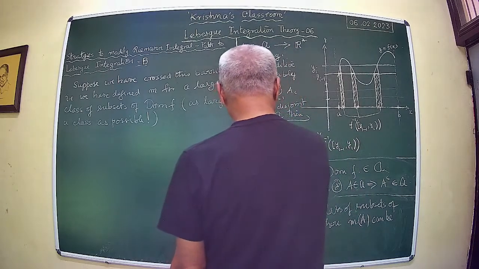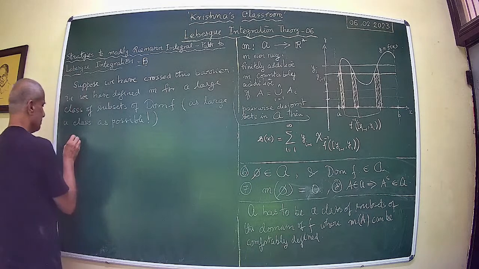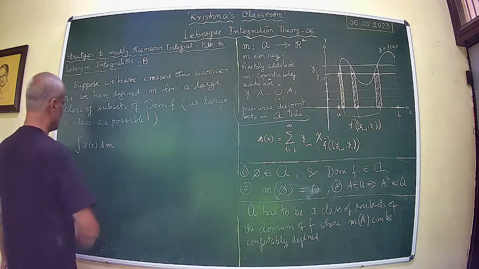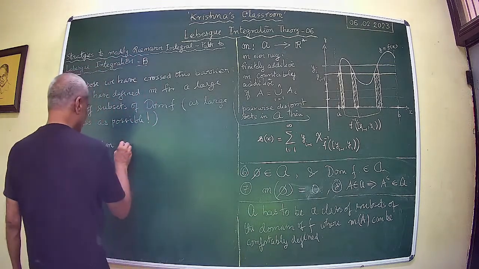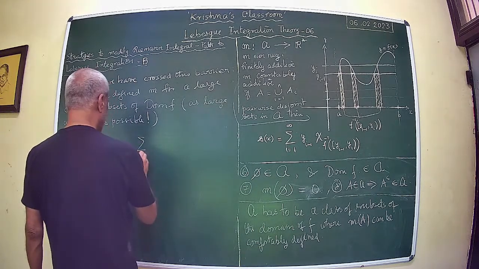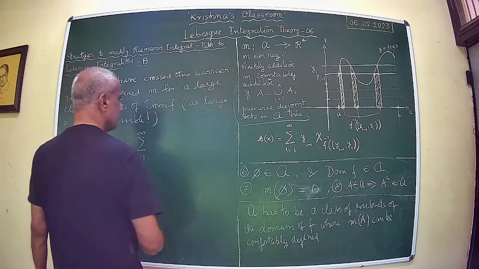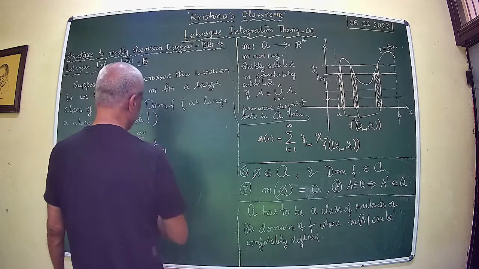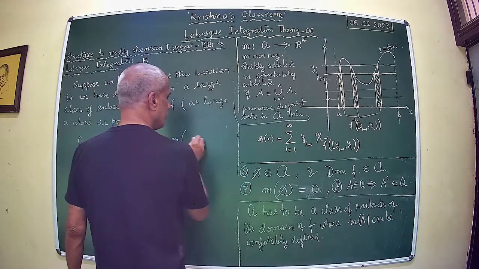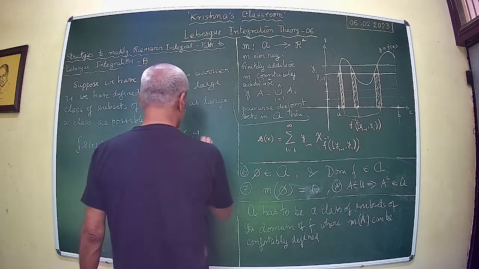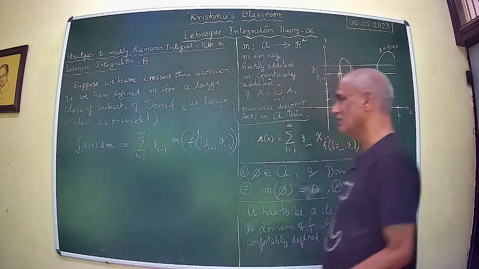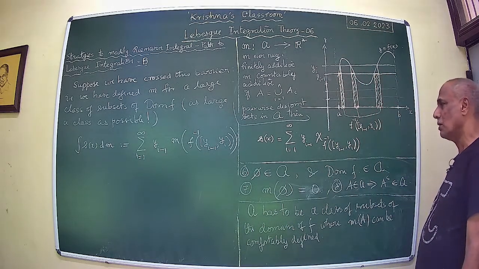Now you see, you can define the integral of s with respect to this measure as the following: sigma i equal to 1 to infinity, y i minus 1 multiplied by the measure of f inverse of the interval.